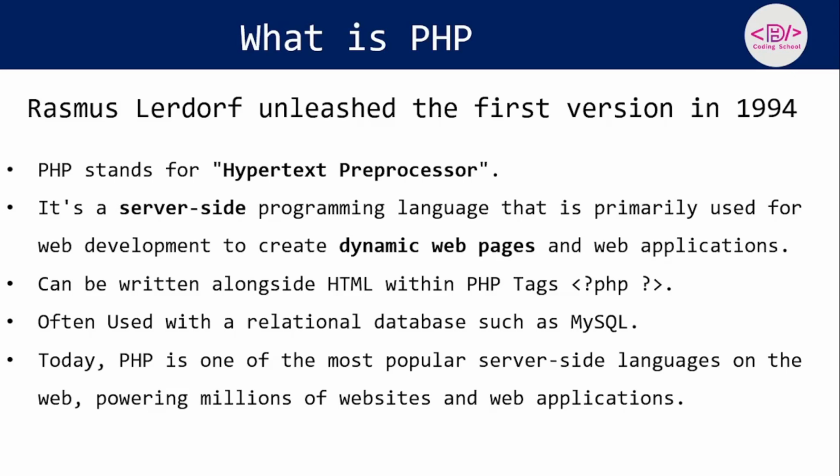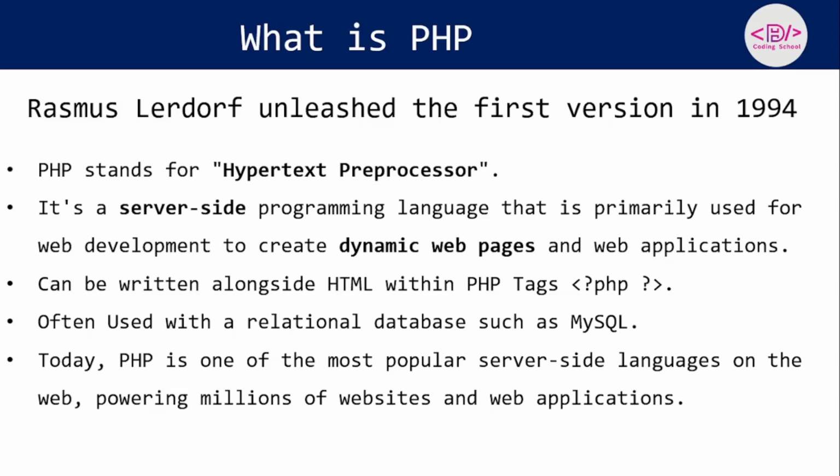Another thing to know about PHP: it is a server-side programming language that is primarily used for web development to create dynamic web pages. We are going to jump in to understand what dynamic web pages are in a minute. Another thing you have to know about PHP is that it can be written alongside HTML in these script tags here.